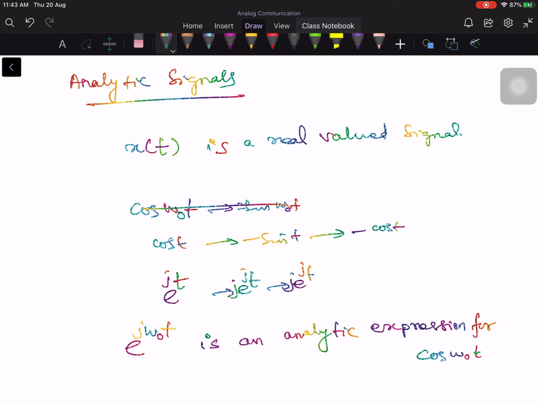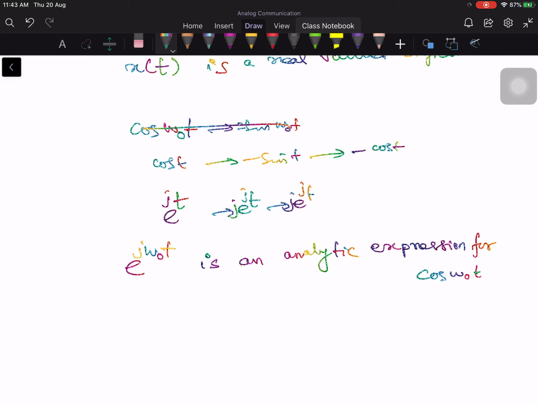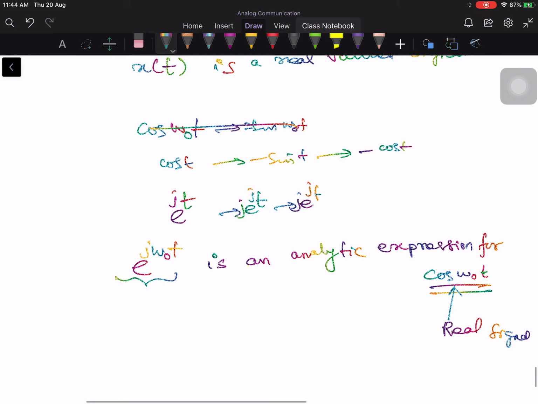Now, look very carefully. What is this cos omega naught t? It is a real signal. And now, what is this? It is an analytic signal. Analytic signal of what? Cos omega naught t.